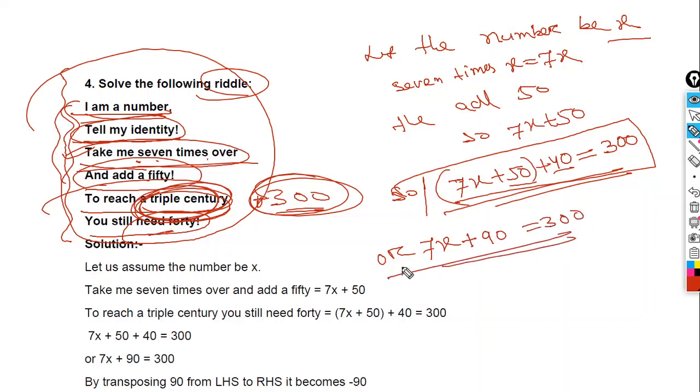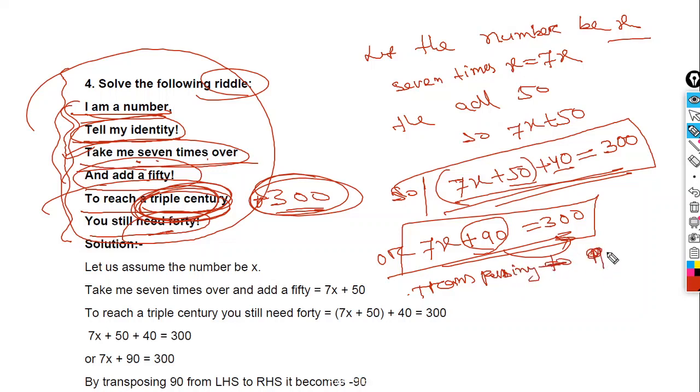Now it is a simplified equation. What do we have to do now? We have to transpose 90 to the RHS.